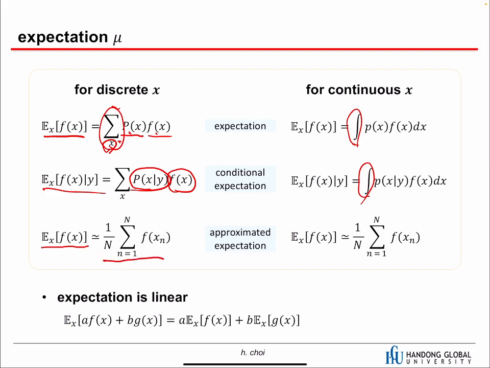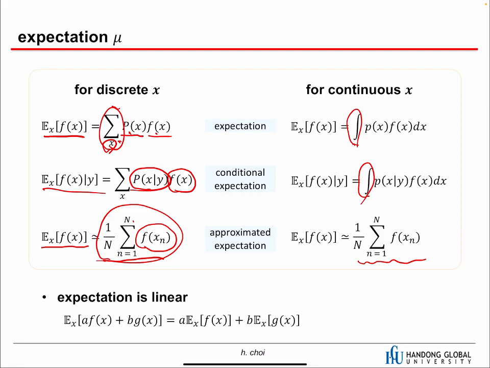This is all about statistics. So we have n data samples, and we just calculate the function f with all the samples, and then we just take an average. That's the approximated expectation. And for the continuous ones, we don't have an integral here because we have only n data samples.